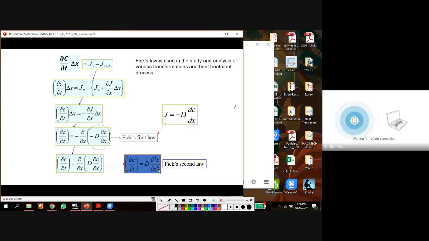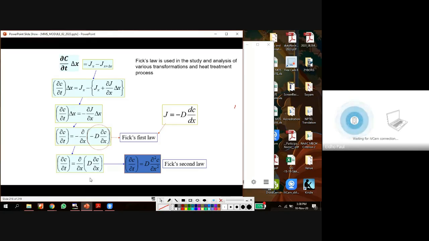Here D is a constant value and this is the differential equation, the diffusion equation in a mathematical form. Here the C value is a concentration, but C can be any variable. No need of concentration. It can be any parameter or variable.